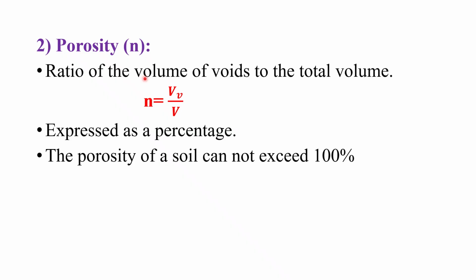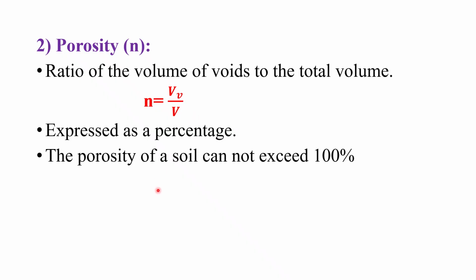It is the ratio of volume of voids to the total volume. It is expressed as a percentage. For example, n equal to 50%. But in equations, we will substitute it as 0.5. Porosity of a soil cannot exceed 100%, as it would mean volume of voids is greater than the total volume, which is absurd.